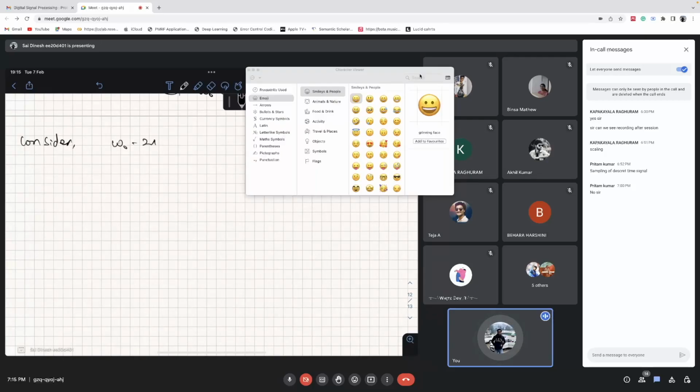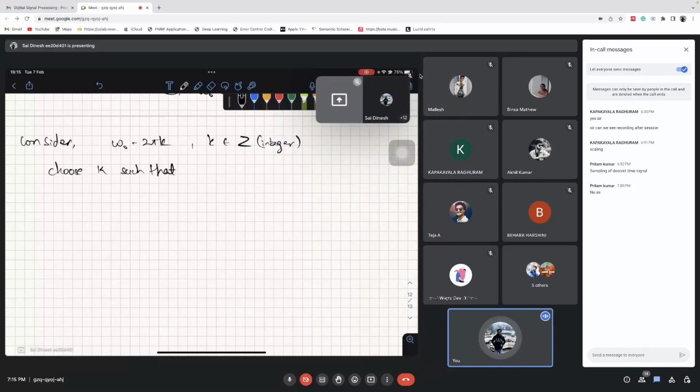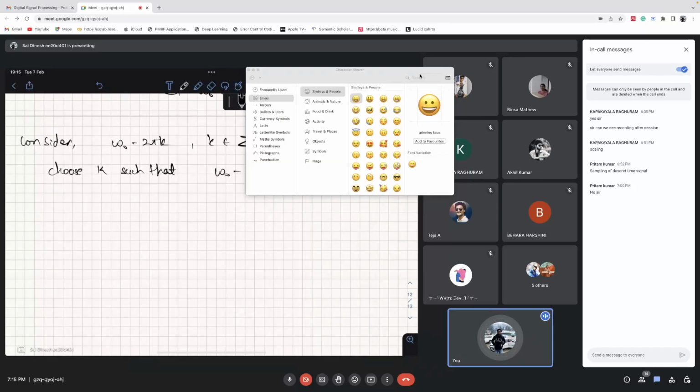So let's now just consider omega naught minus 2 pi k for k belonging to an integer, right? But choose k such that omega naught minus 2 pi k is equal to omega naught dash between minus pi and pi.